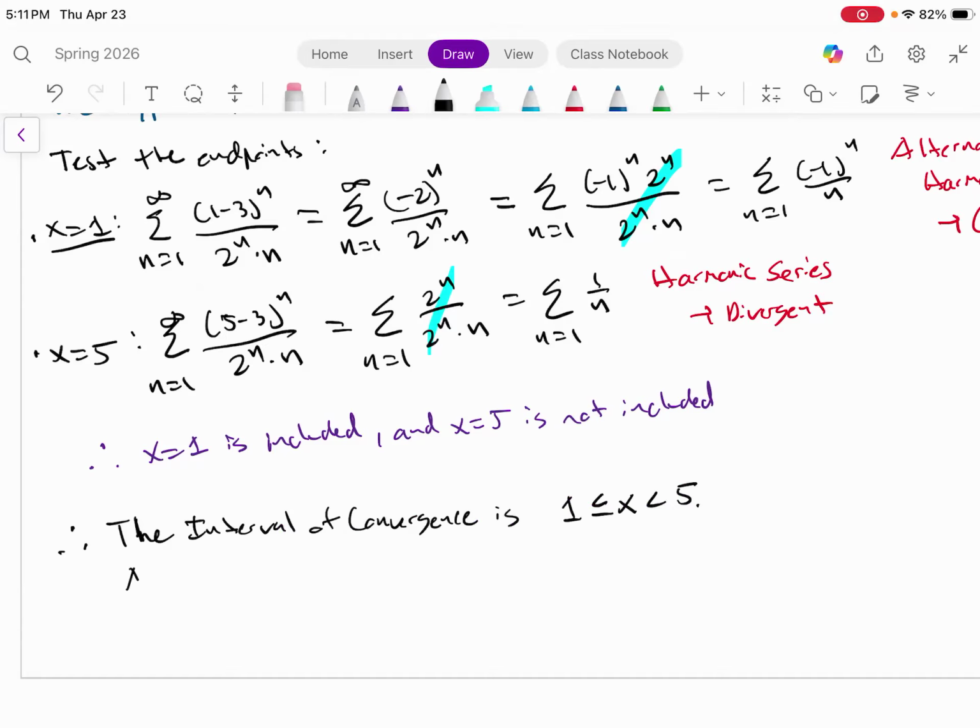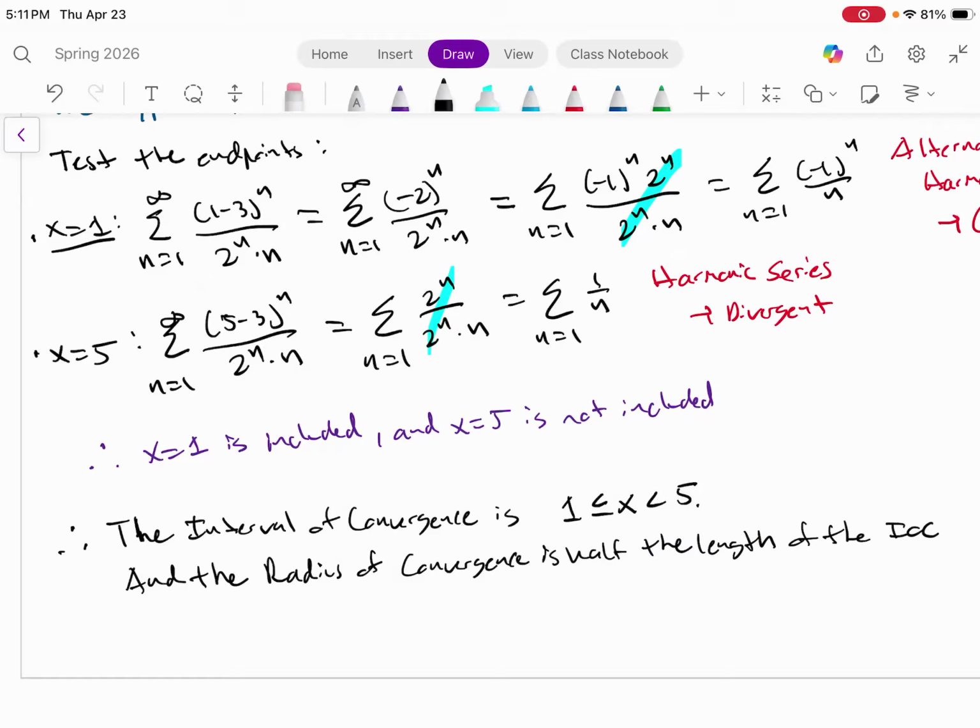And the radius of convergence is always half the length of the interval of convergence. So all you would need to do is take your endpoints, subtract them, and divide by 2. So this would be 5 minus 1 over 2, which is 2. So therefore, the radius of convergence is 2.